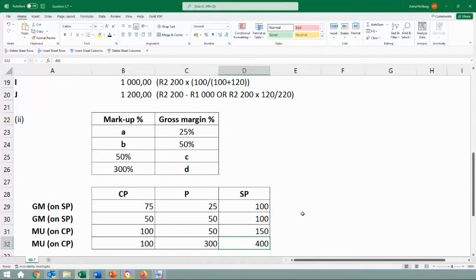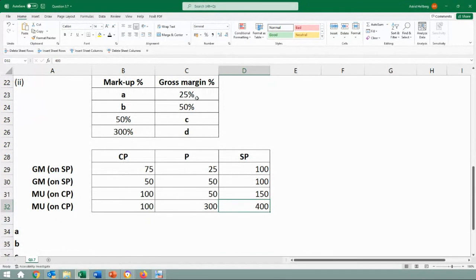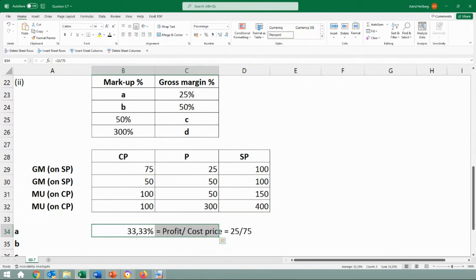Once I've got that table, it will be a lot easier to do the calculation. Because I know the markup is based on the cost price, I am going to take the profit and divide it by the amount under the cost price column to get the profit percentage for the markup. So your markup percentage is actually 33 1/3.